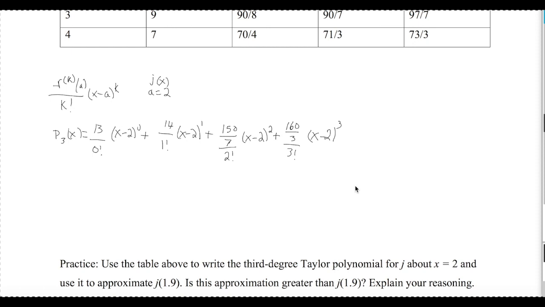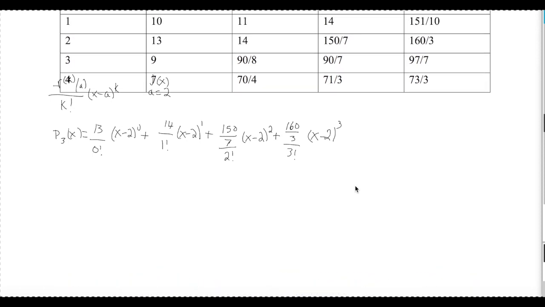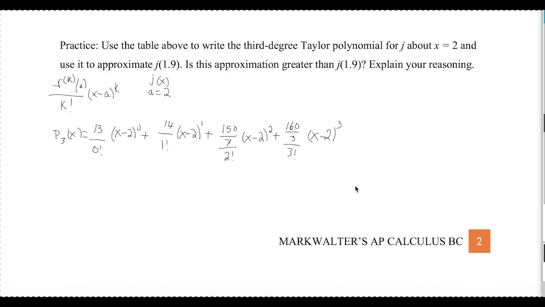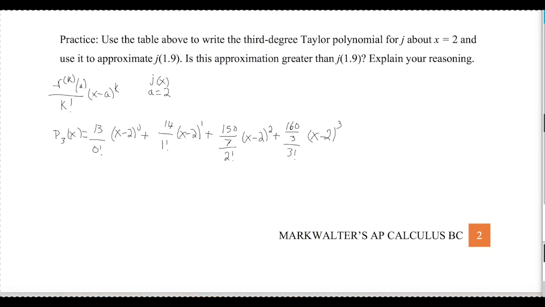I just have to clean that up a little bit. So let's go down now that we have that. What is our third order polynomial going to be cleaned up? 0 factorial is 1, so this is 13 times 1 plus 14 divided by 1 times x minus 2. Remember, this is just our tangent line approximation, but we keep going to make it a little better.